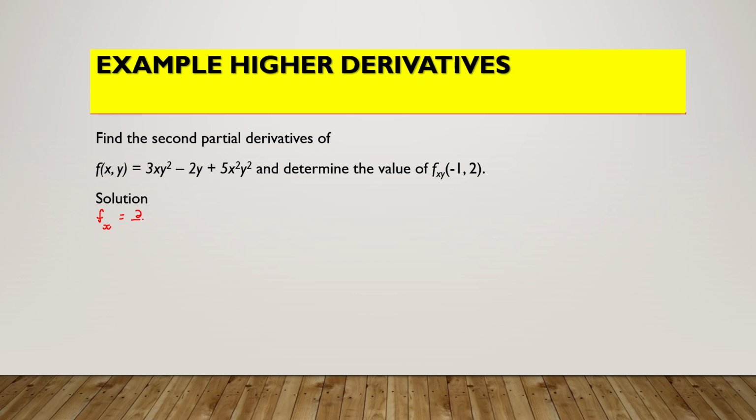fx is del del x of 3xy squared minus 2y plus 5x squared y squared.